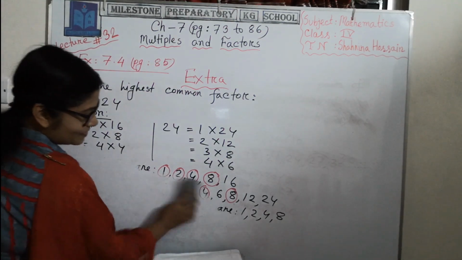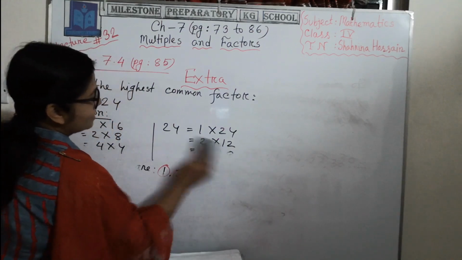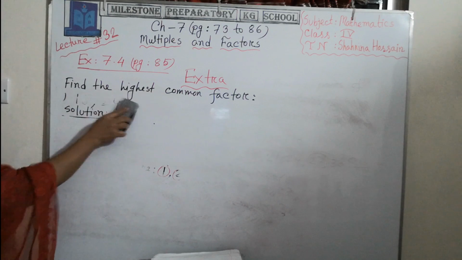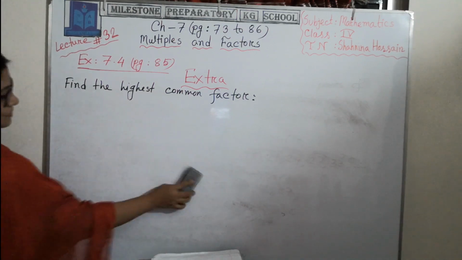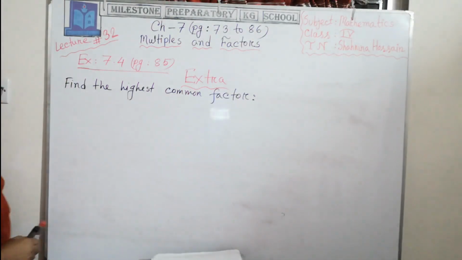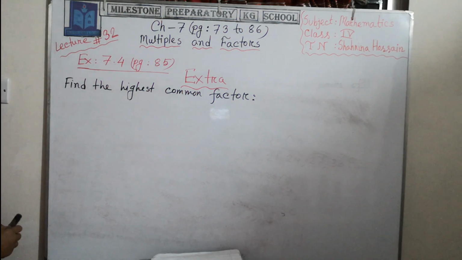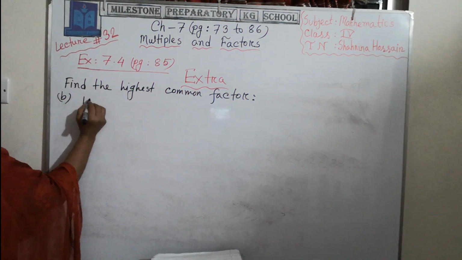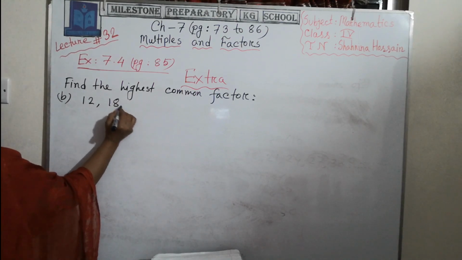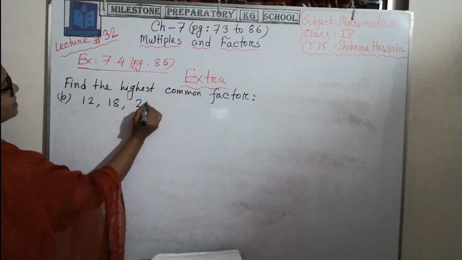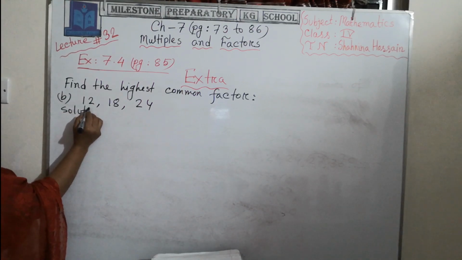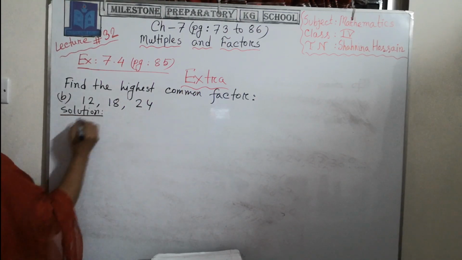Now this is the second extra. Now I will take 3 numbers, okay? Number B, 12, 18, then 24. Solution. Please pay your attention.